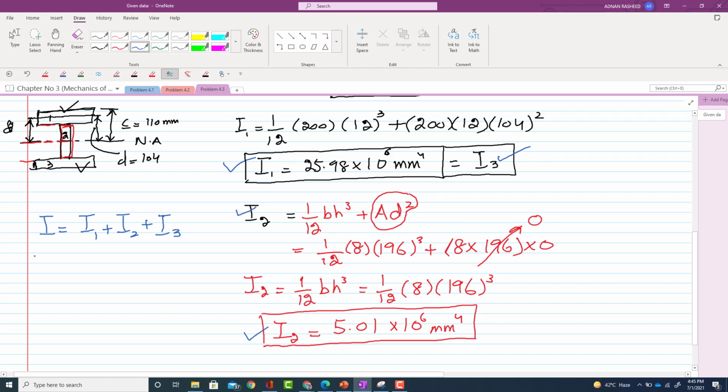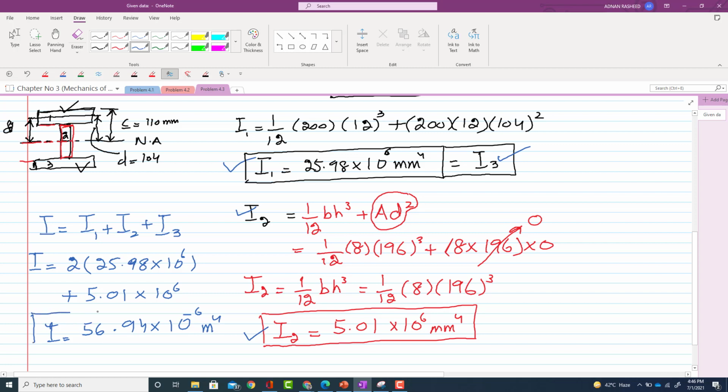So I will write 2 into 25.98 into 10 raised to power 6 plus the value of I2, which is 5.01 into 10 raised to power 6. So the final value of the moment of inertia for the whole wide flange beam comes out to be 56.94 into 10 raised to power minus 6 meter 4.